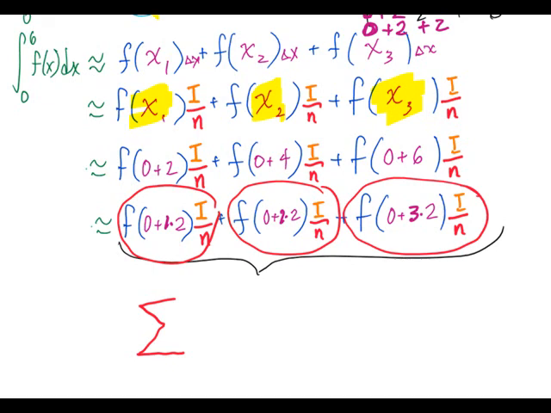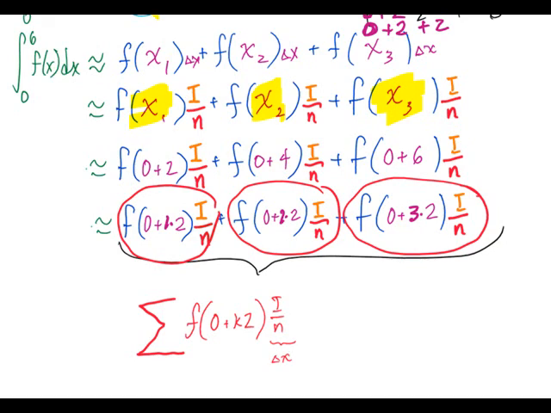So in sigma notation, instead of writing out the 3 individual terms, we write the term once in sigma notation, and then we just say, hey, use this relationship 3 times, and here's what it looks like. In this case, we're summing up this f of x, but the x has some structure to it. It's 0 plus k times 2, times I over n, which we know happens to be delta x.